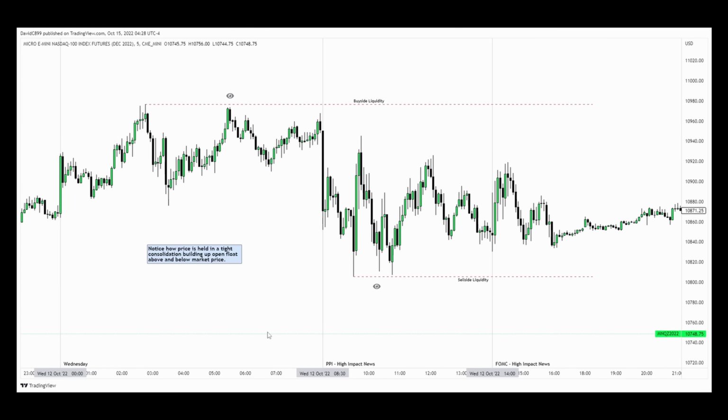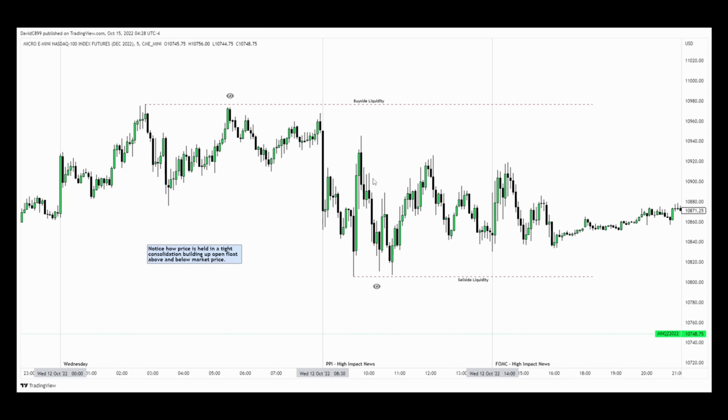This is Wednesday 5-minute chart. We have the PPI numbers and the FOMC minutes. Notice how price is held in a tight consolidation, building up open float above and below current market price. I was only interested in the market if one of those extremes is being raided, and I would look for a trade in the opposite direction.